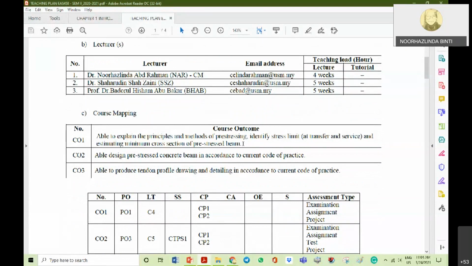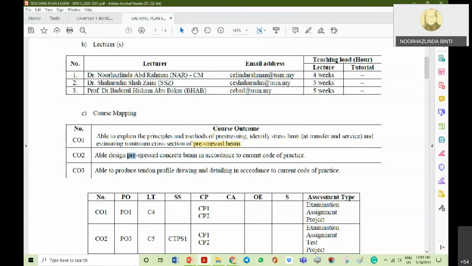And then number 2, able to design a pre-stressed concrete beam in accordance to the current code of practice. Number 3, able to produce tendon profile drawing and detailing in accordance to the current code of practice. As you can see in these course outcomes, I hope you realize that we only focus on pre-stress beam.